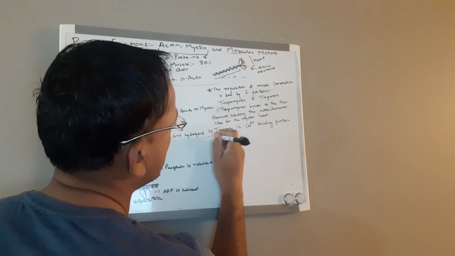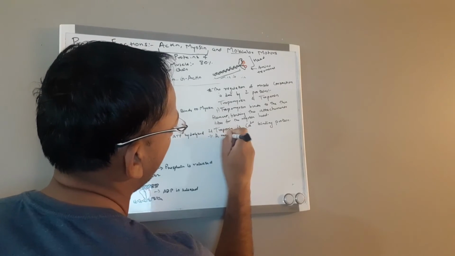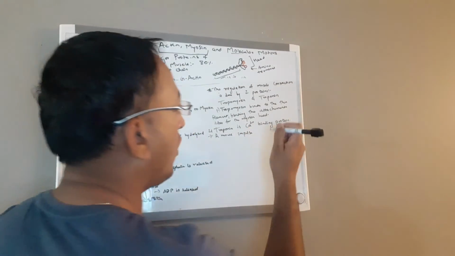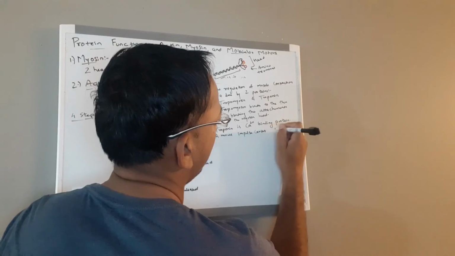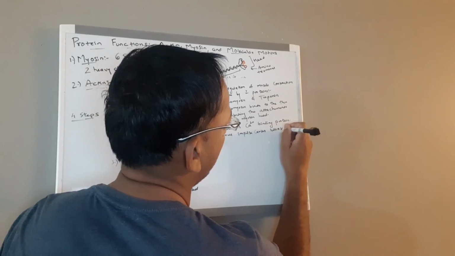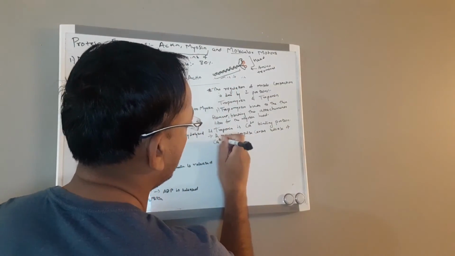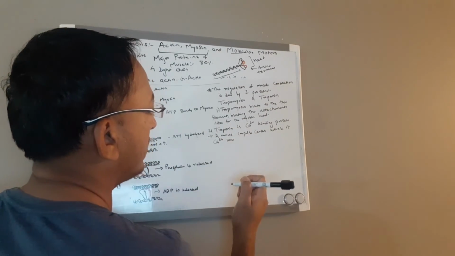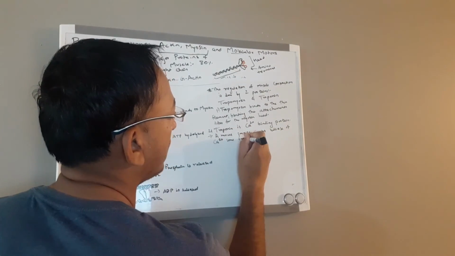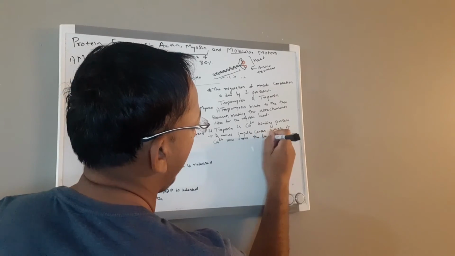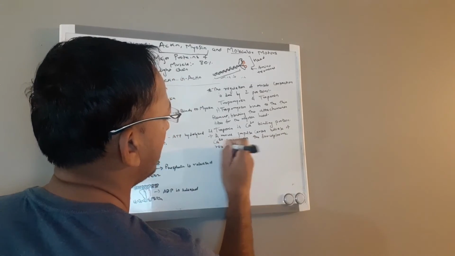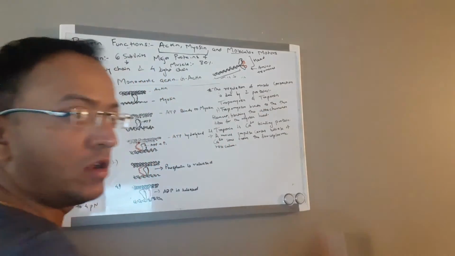So a nerve impulse causes release of calcium ions from the sarcoplasmic reticulum, right?